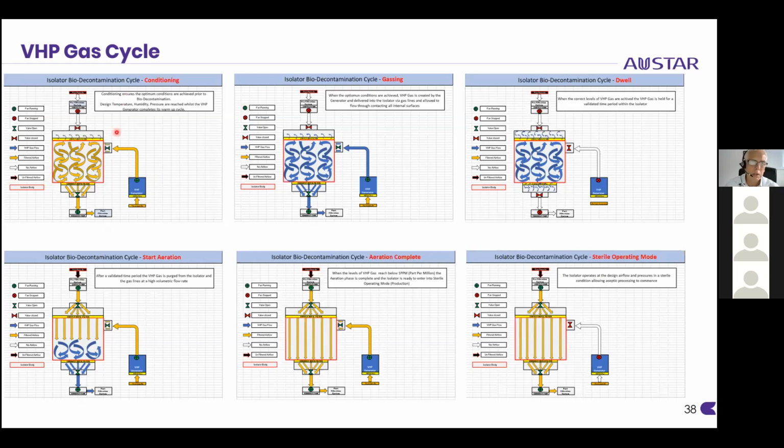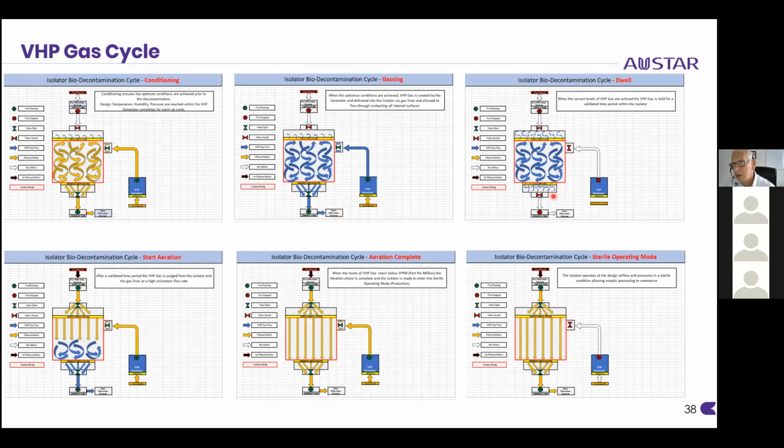The first part of the cycle is to create those conditions. That's conditioning. When we achieve those conditions, we move on then to gassing. So we introduce vaporized hydrogen peroxide into the chamber. So we touch every single surface in there, and we'll be killing any microorganism by exposing them to vaporized hydrogen peroxide.